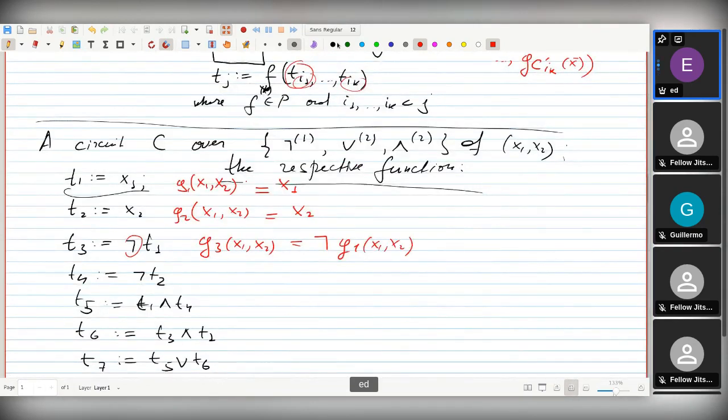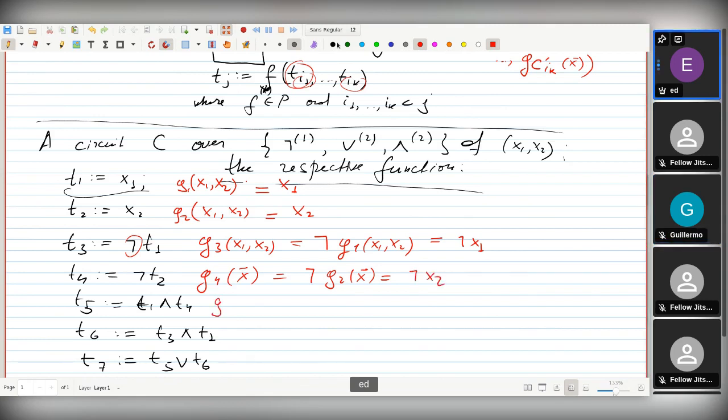Do you agree? Yes. So it is not x1. What about g4? It is not g2 of the same input, not x2.